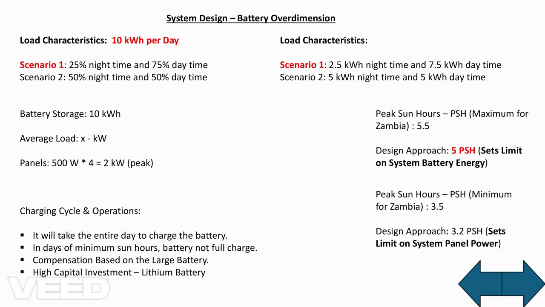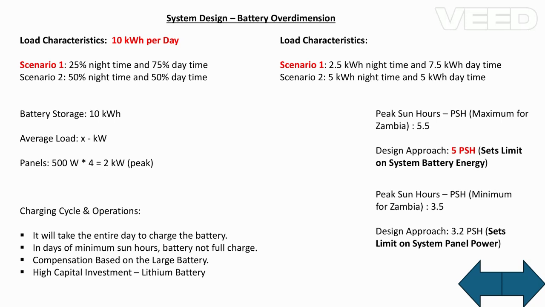So using scenario one, what we are saying is that during the day, the consumption is 7.5 kilowatt hours, or 7.5 units, and in the night it is 2.5 units, or 2.5 kilowatt hours.